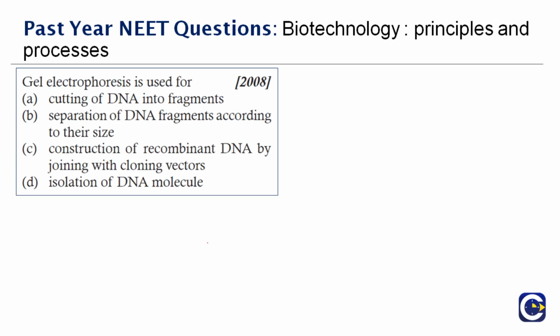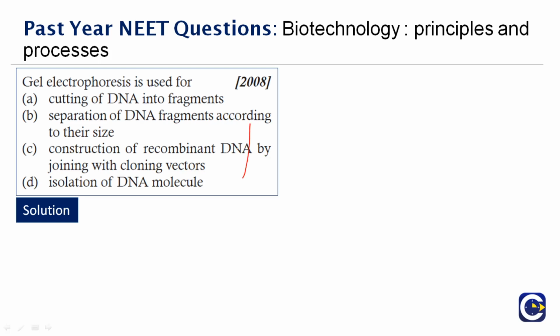Gel electrophoresis is used for dash. I think you will know the answer of this because we discussed it in part 1. We all know gel electrophoresis is a separation method, right? Yeah, the correct answer is option B. Separation of DNA fragments according to their size and the charge. Charge they haven't mentioned here, but it's basically a separation that is based on two categories.